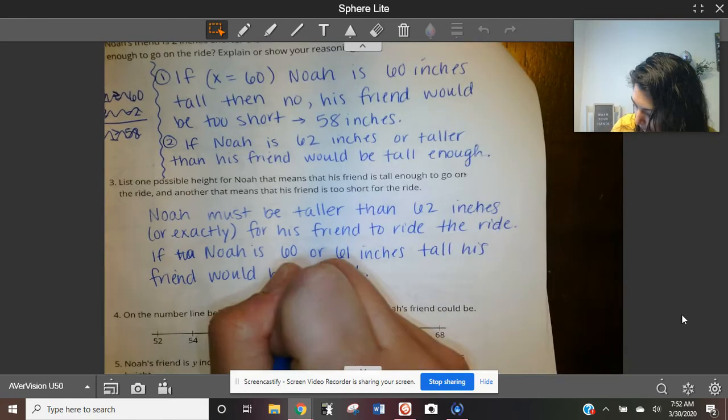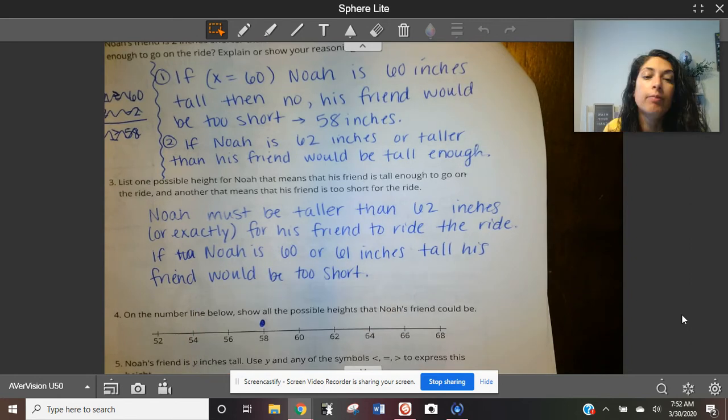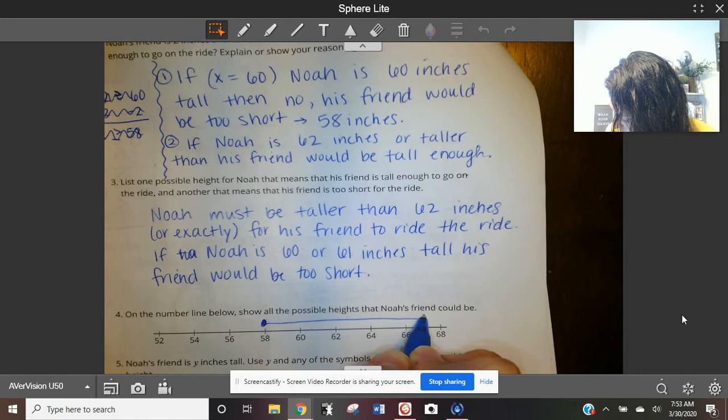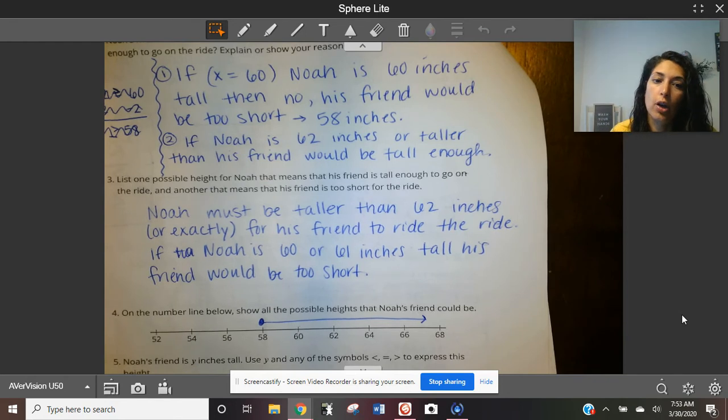So, he could be 58 inches, right? Or, depending on how tall Noah is, which we don't know, he could be anywhere from here. He cannot be shorter than 58 inches because we know that the shortest that Noah is 60. Okay, so we know that he could possibly be 58.